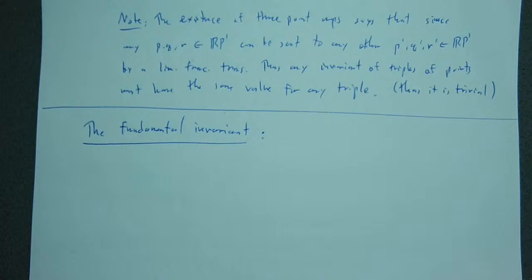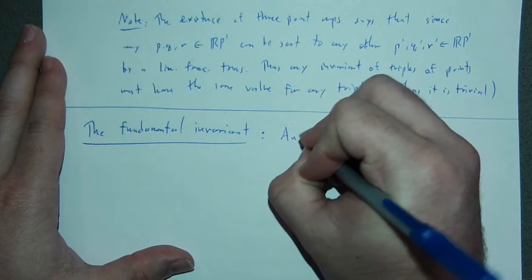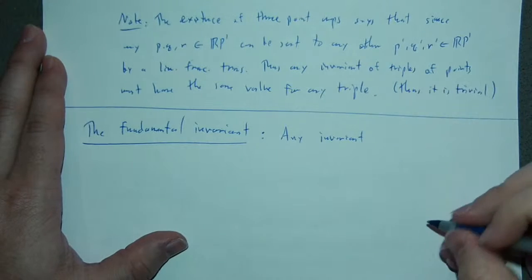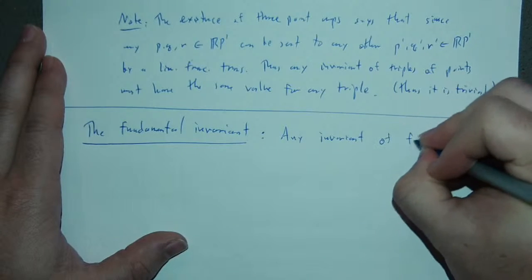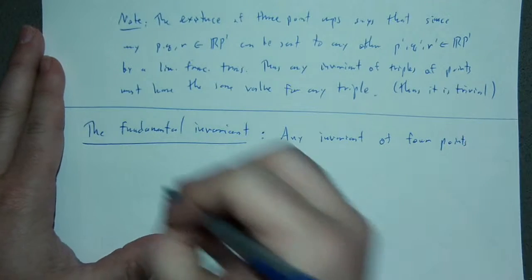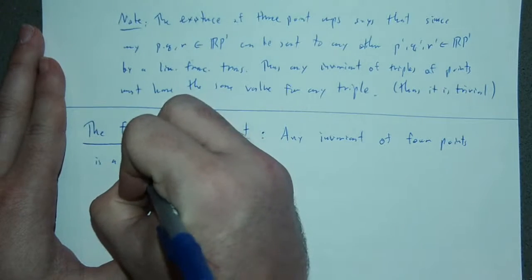It does have different values, but it turns out it's basically the only one, and what we mean by that is exactly this. Any invariant of 4 points is a function of the cross ratio.